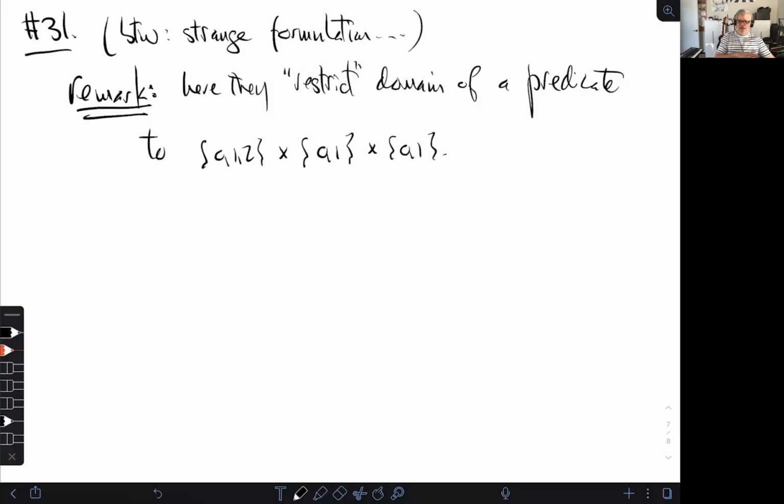So they're saying that X can be 0, 1, or 2, Y can be 0, 1, and Z can be 0, 1. It's for the 3 variables X, Y, and Z. So the predicate is called Q of X, Y, Z. Now, how I defined predicates, X, Y, Z should be able to take on all possible values in some domain. Here they make a restriction. That's okay. Why not?